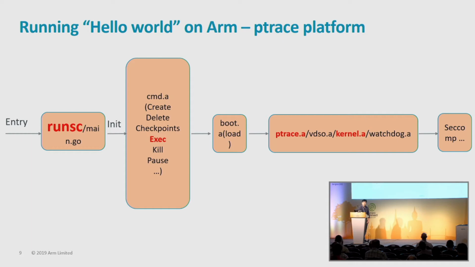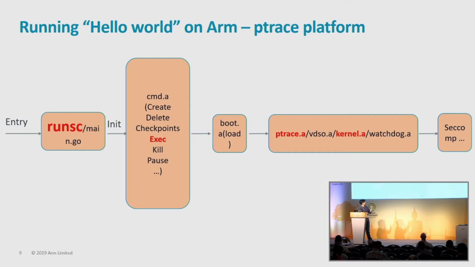Okay, let's see the software details of the ptrace platform on Arm. On this page, please notice here, runsc. runsc is the name of the container runtime in gVisor. Basically, runsc is the parent application of other processes in gVisor.